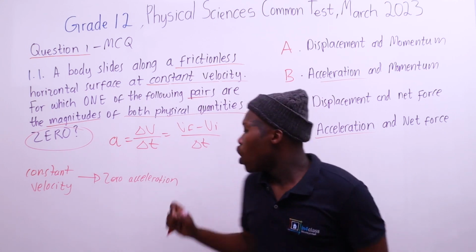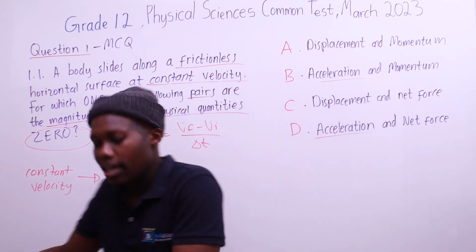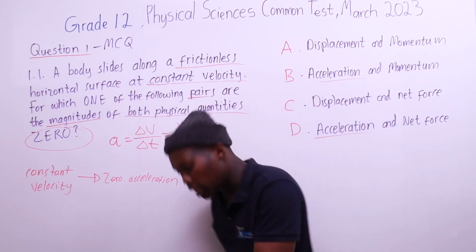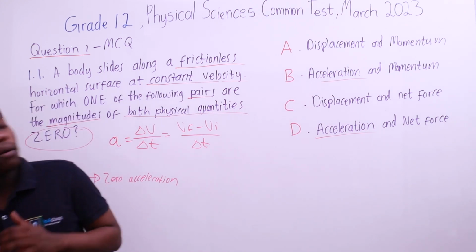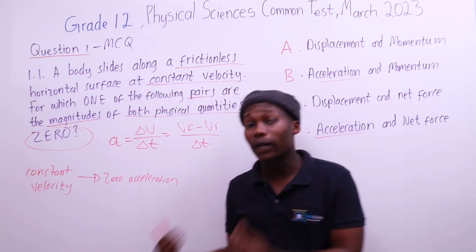Let us move forward. If we have 0 acceleration, what does acceleration lead us to? According to Newton's second law, acceleration is directly proportional to the net force. Okay, if you have forgotten, let's repeat Newton's second law of motion in words.